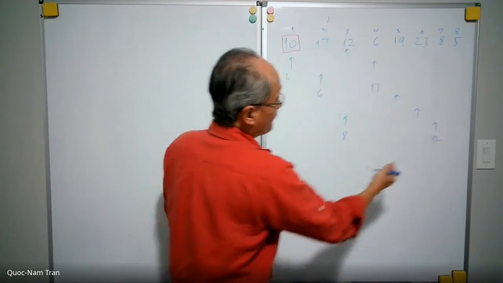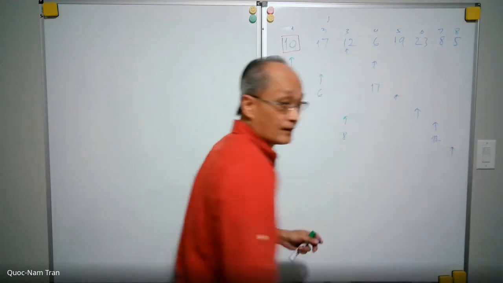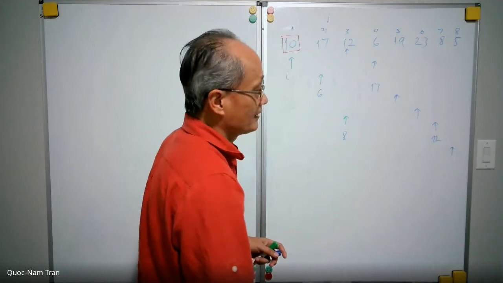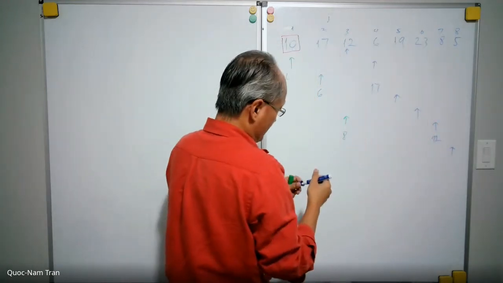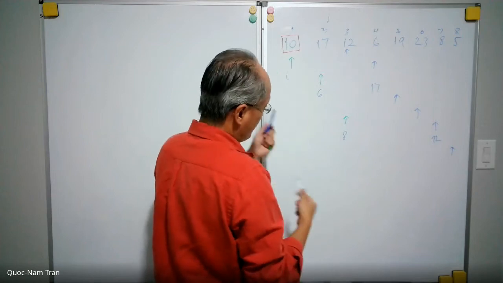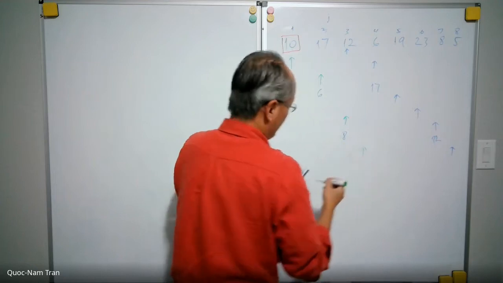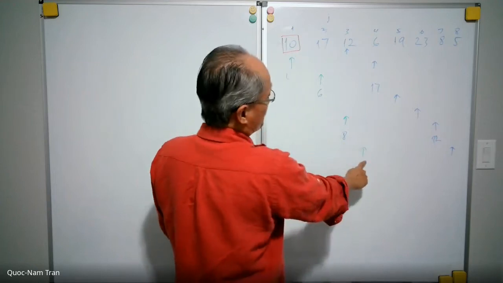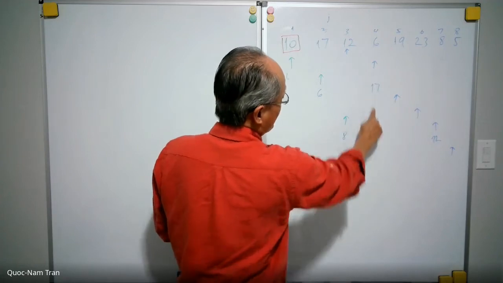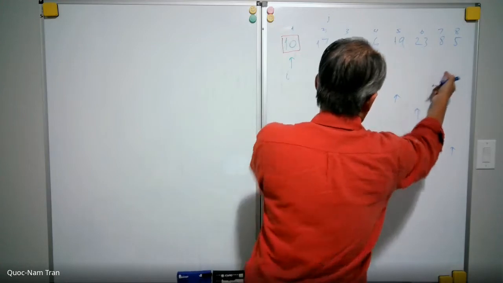And now I will advance the J pointer to the last. Now it's still smaller than 10. So again, I will advance this I to here, right? And then swap. Now, when I advance it to here, the value I have is 17, right? So I will have 5 and 17.